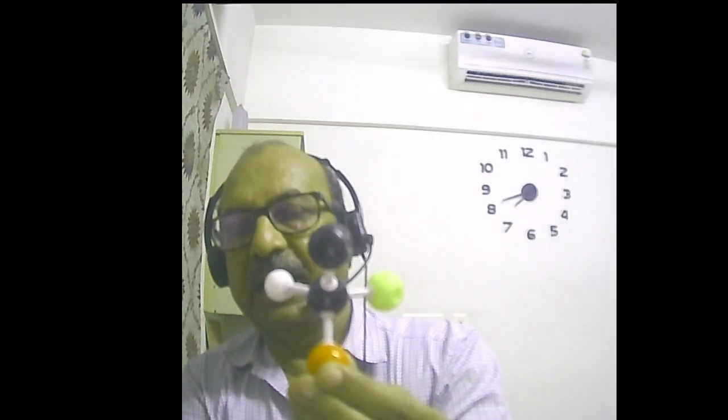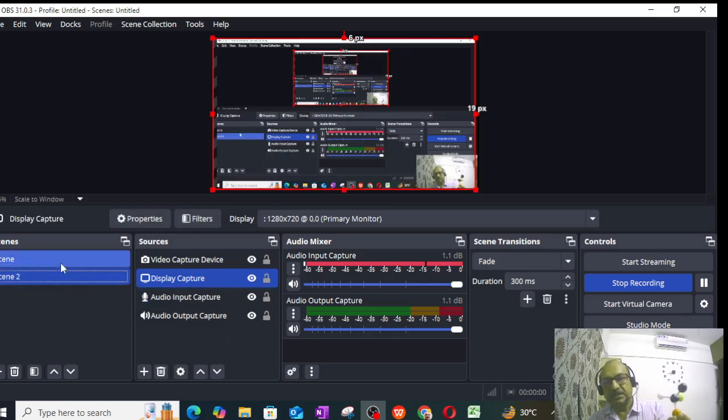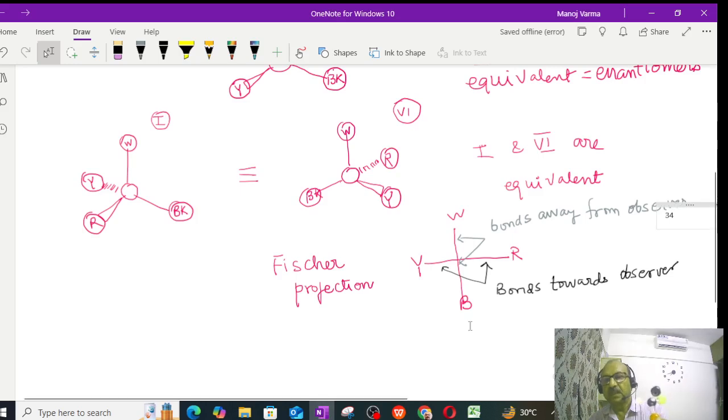So if you draw like this, then we get what is called a Fischer structure, and I'm going to show you that. So what you will see here is that the vertical line shows that the bonds are away from the observer. As you saw, two bonds would be away from the observer and the other two bonds would be towards the observer.